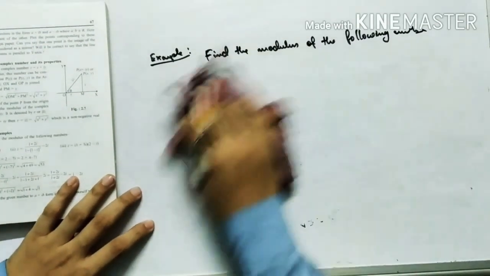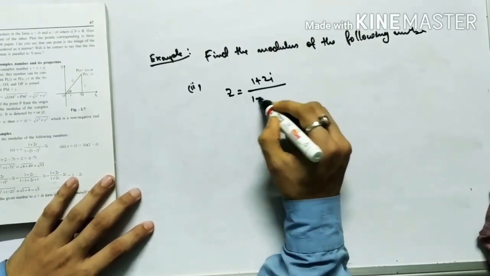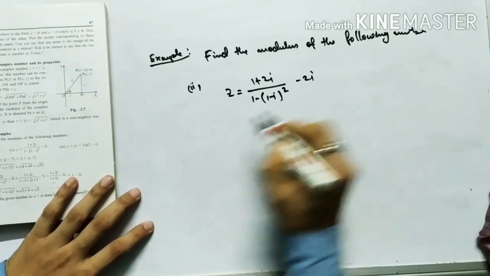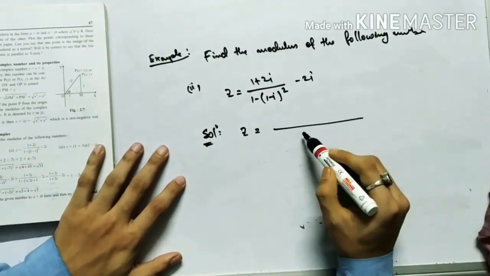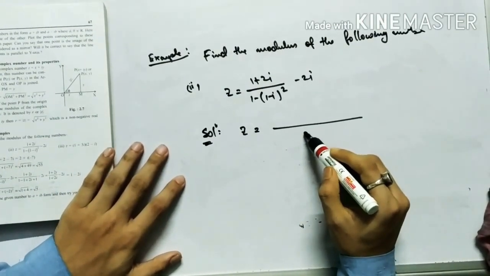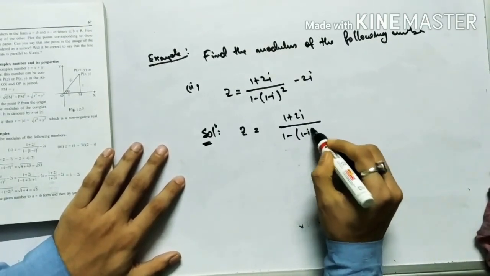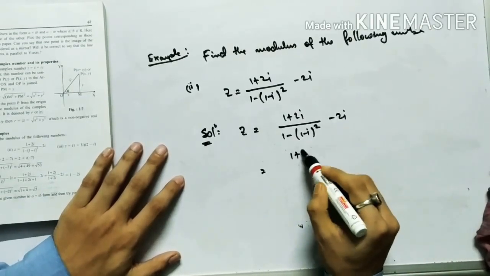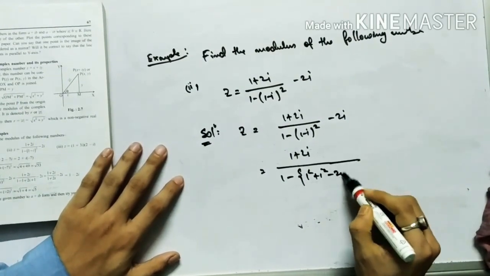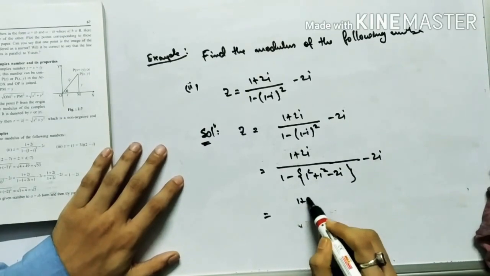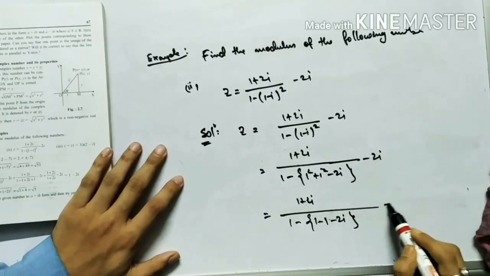Next one: z equals 1 plus 2i by 1 minus i the whole square minus 2i. If I take the LCM, this is 1 plus 2i by 1 minus 1 square plus i square minus 2i minus 2i, which equals 1 plus 2i by 1 minus 1 minus 2i minus 2i.